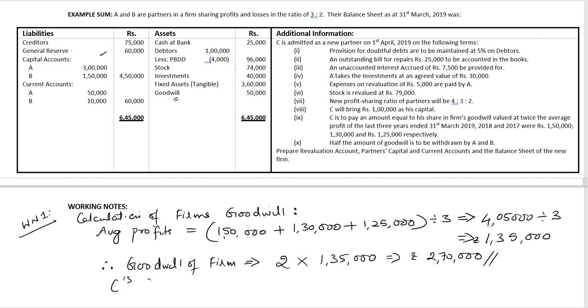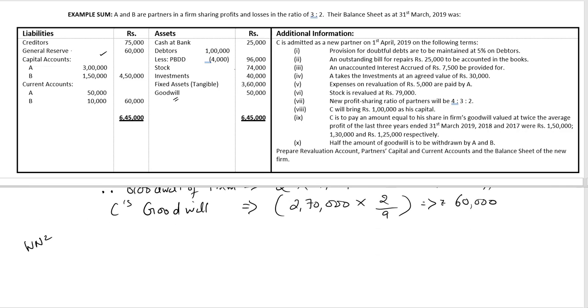C's goodwill: 2,70,000 rupees, which is the firm's goodwill, multiplied by C's share in profits, which is 2 divided by 9. 60,000 rupees is C's goodwill.